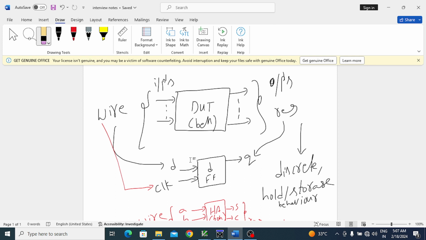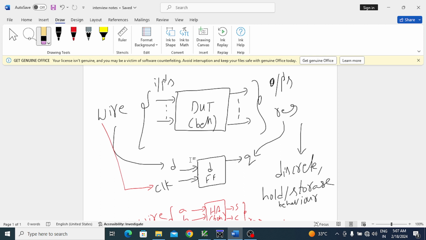So the question is, why wire for the inputs? In any design code, whether it is behavioral, structural, data flow, or gate level, for any design style, inputs will be wire.